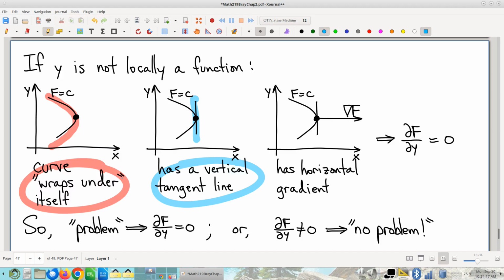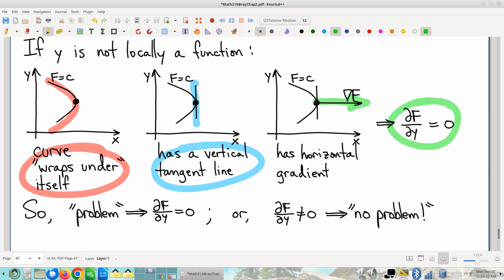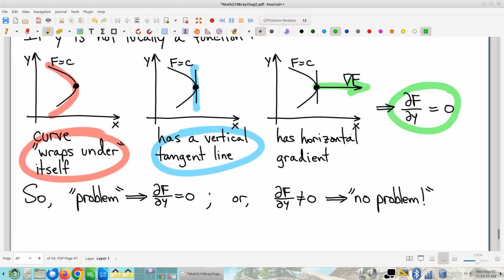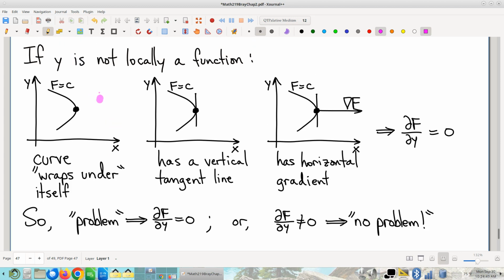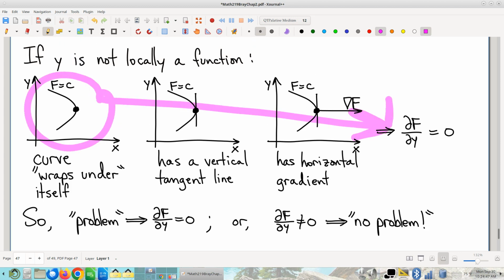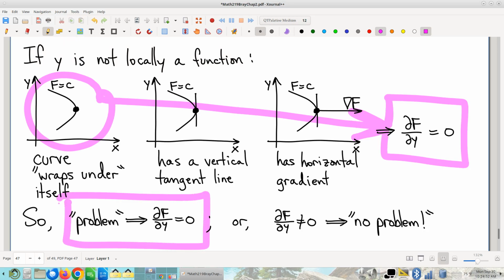And then we remember, of course, that gradients have this feature that gradients are perpendicular to the tangent line, because it's perpendicular to the level set. And that means it's horizontal. Horizontal means that the vertical component is 0, right? And this is our basic argument, which I'm going to summarize by highlighting that if you have a problem, then the y partial is 0, right?